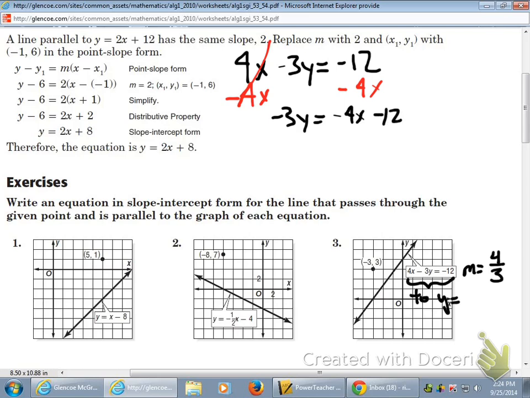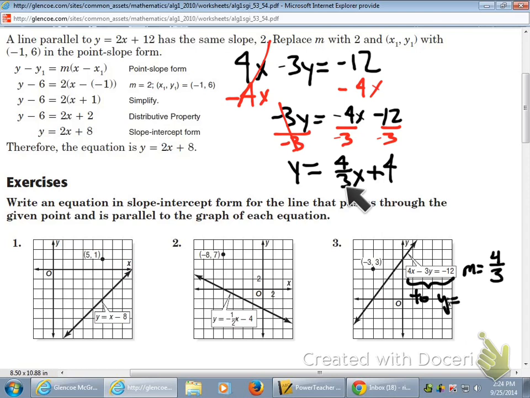Then I would divide everything by negative 3. That goes away. You can have a fraction in the slope-intercept, right? Negative over negative makes that positive, so it's positive 4/3 x. And again, negative 12 over negative 3 gives me positive 4. And now this is slope-intercept, right?